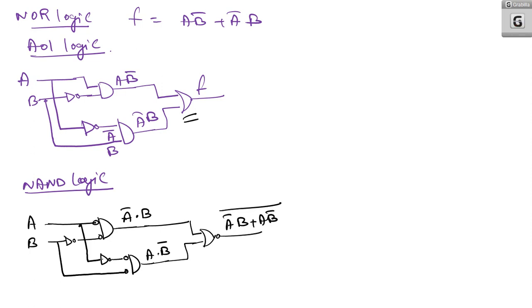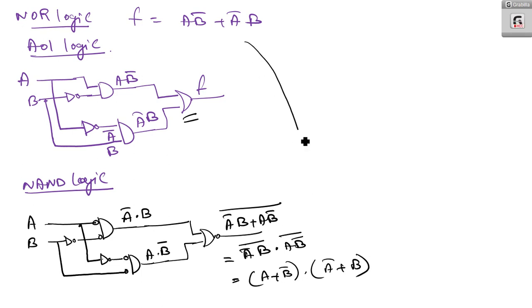You will get A bar B or A B bar the whole bar. What is it? That becomes A bar B bar dot A B bar the whole bar. It becomes what? That is we get A or B bar and A bar or B.